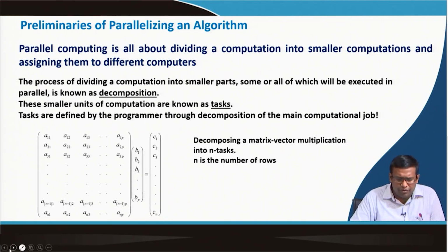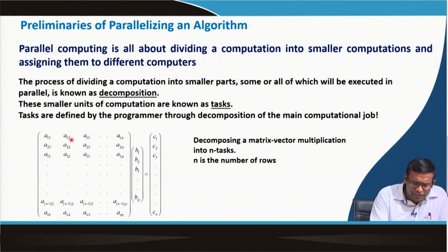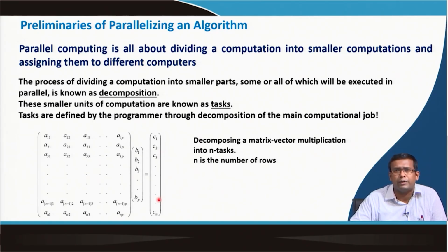So we can think of a matrix vector multiplication, and if there are n rows, then the calculation of the vector dot product for each row gives an element of the column vector in the matrix vector multiplication. So this row multiplied by this column gives me this element, this row multiplied by this column gives me this element. All the elements in the right hand side column can be found out independently.